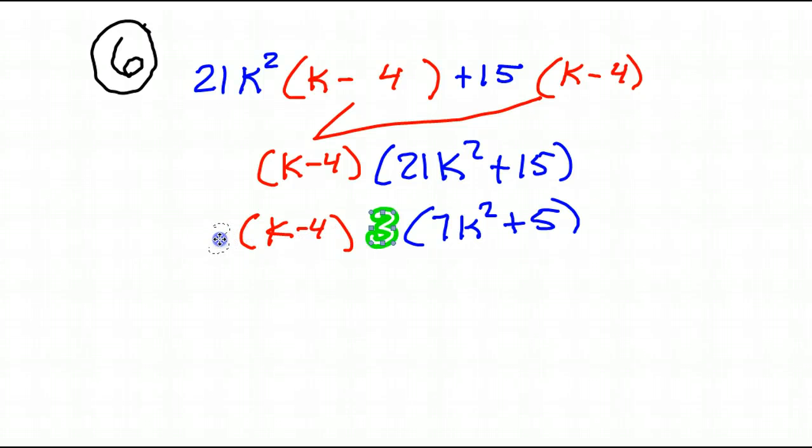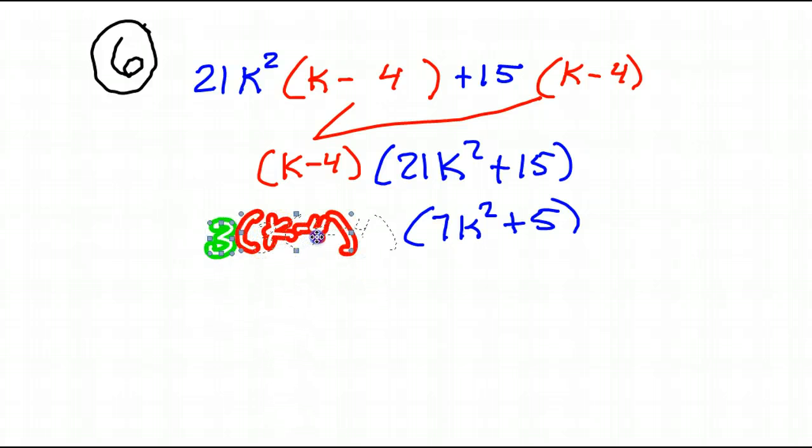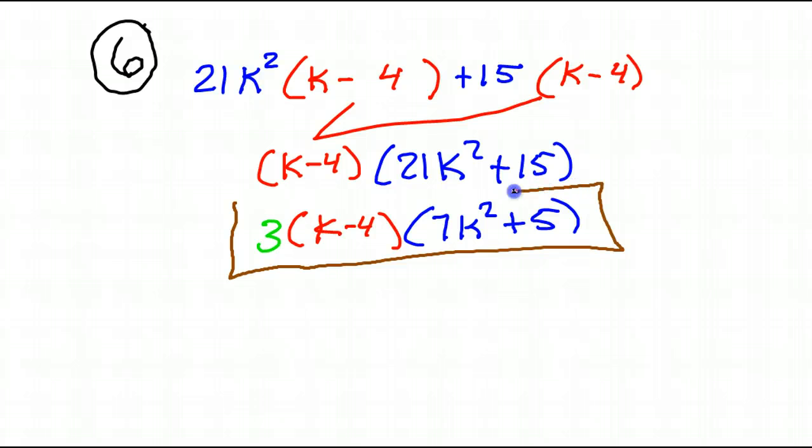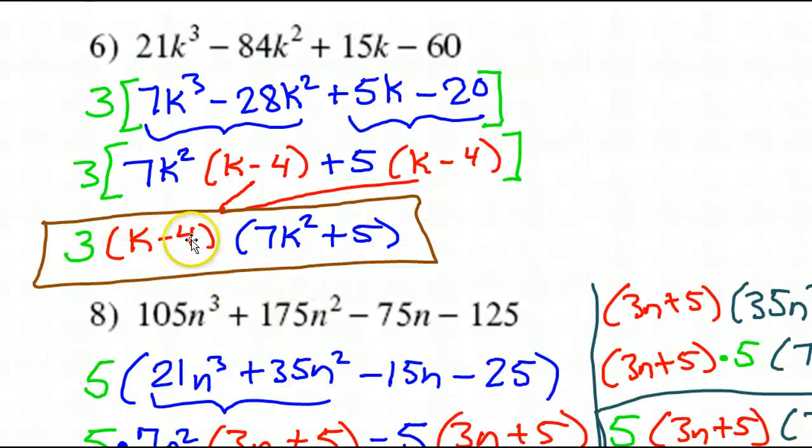I'm going to put the 3 out front here, and let's just move these closer together. So this would be the traditional way to write this answer, and now this would be the final answer. 3 times k minus 4, times 7k squared plus 5.